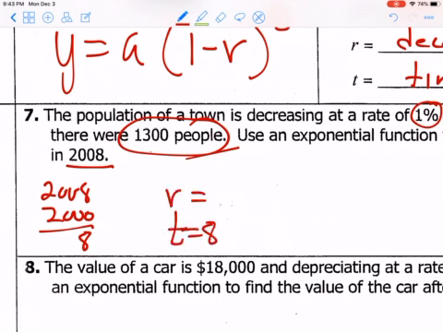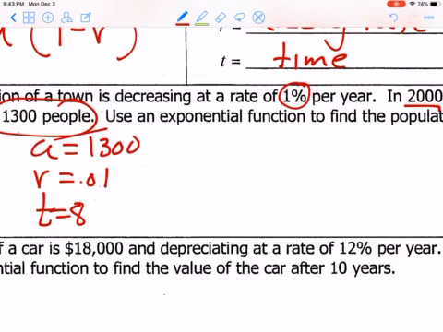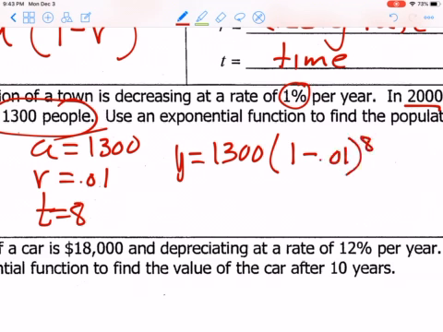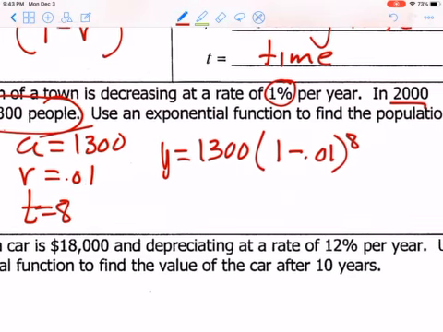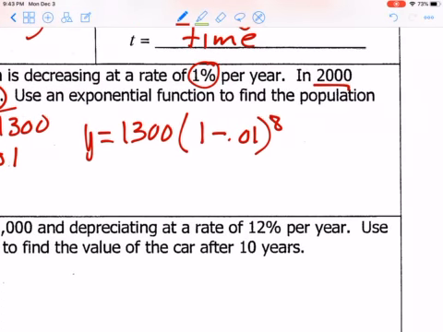We have our rate to be 0.01, and we have our A to be 1,300 people. So the only difference here is because it's decreasing, we're going to say 1 minus. So Y equals 1,300 times 1 minus 0.01 to the 8. And that's the thing. We'll provide the general formula, but you need to understand when it's decreasing to use minus. When you put this in your calculator, you're going to get 1,200 people.